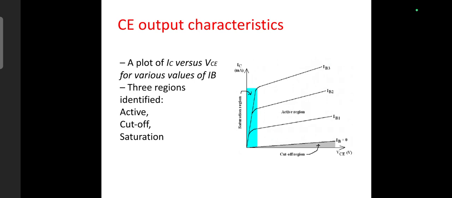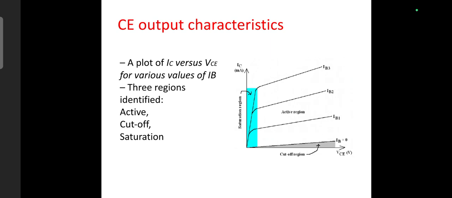Now let's examine the output characteristics of the common emitter configuration. The graph shows the relationship between the collector current and the collector emitter voltage for different base currents. Again, we observe three regions. The active region is used for amplification, the cutoff region is used when the transistor is off, the saturation region is used when the transistor acts as a switch.